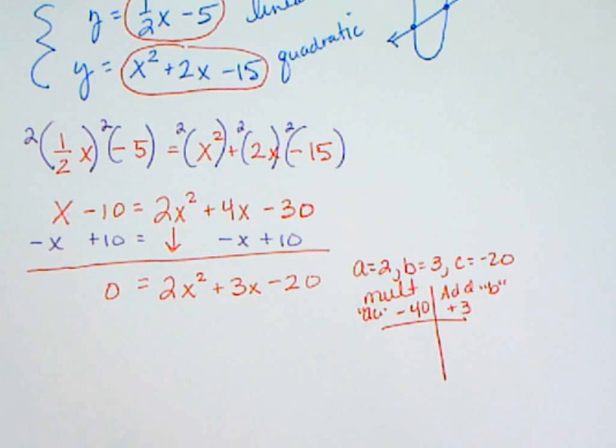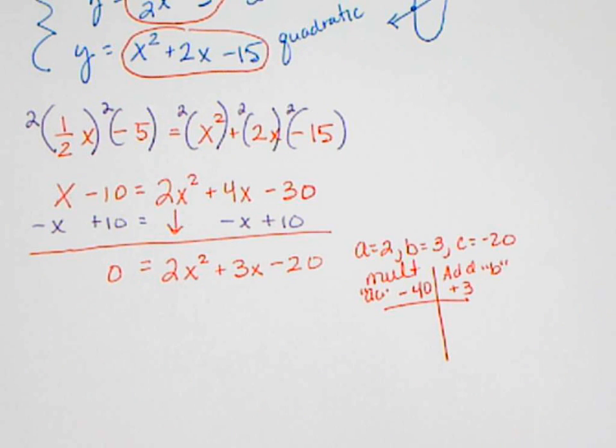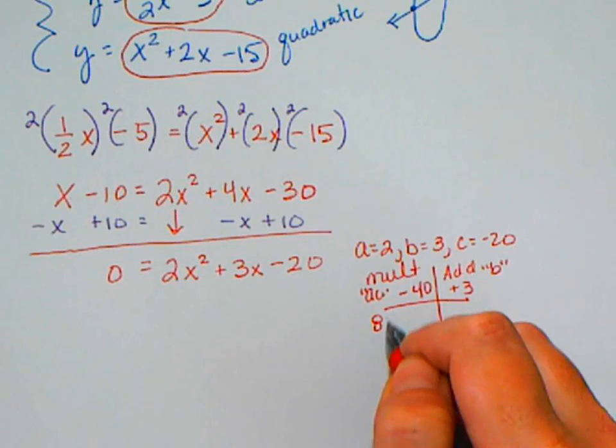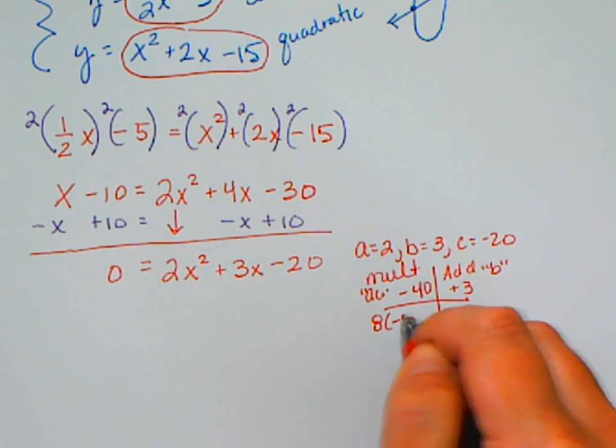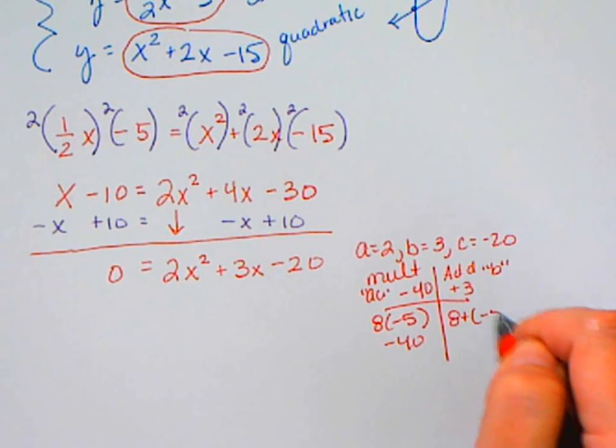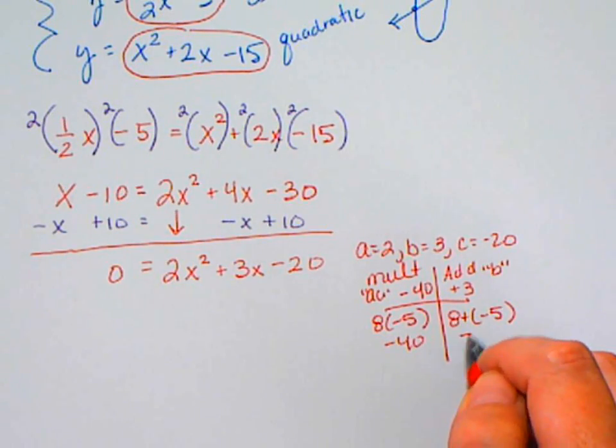Now, is everything factorable? You can do 5 and 8. You can do positive 8 times negative 5. Positive 8 times a negative 5 is negative 40. 8 plus negative 5 is positive 3.